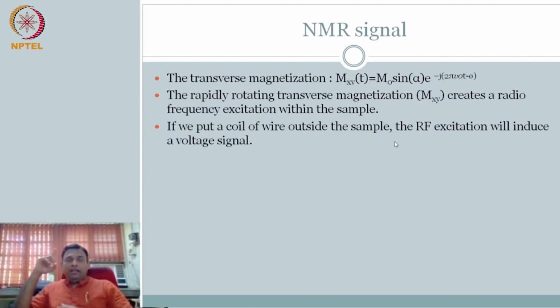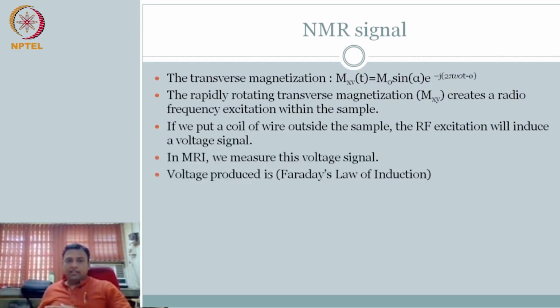Initially, we were talking about charged particles, charge spinning, which is current across a loop, giving rise to the magnetic field, the M vector. Now we are saying if you have an M vector that is rotating fast and you put a coil, that will induce a voltage. This is essentially the signal we measure.